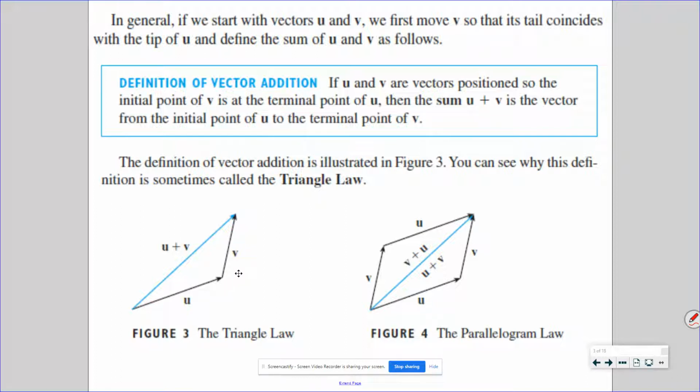And then you will take vector V and you will put the initial side against the terminal side of vector U. So the beginning against the arrow, against the ending of the other vector, and you will, again, not change its size and not change its direction, but you're just going to slide it over and put it right on top. And then from the beginning of vector U to the ending of vector V, you will draw a line to connect the two, and that will represent your vector sum.